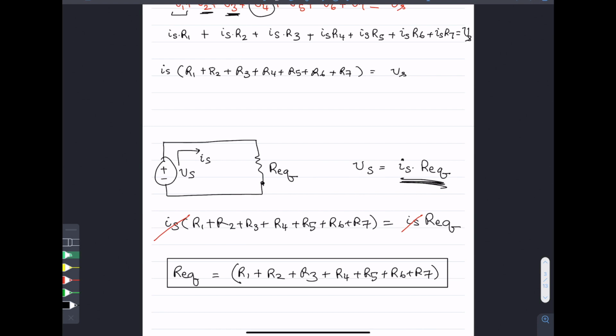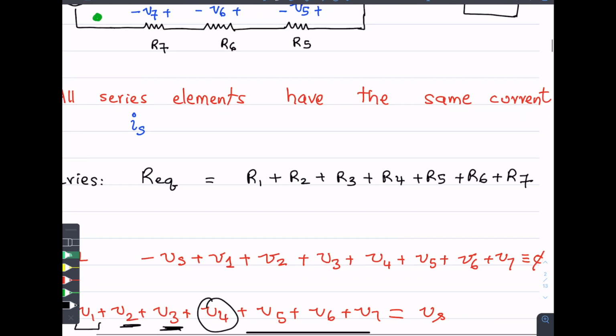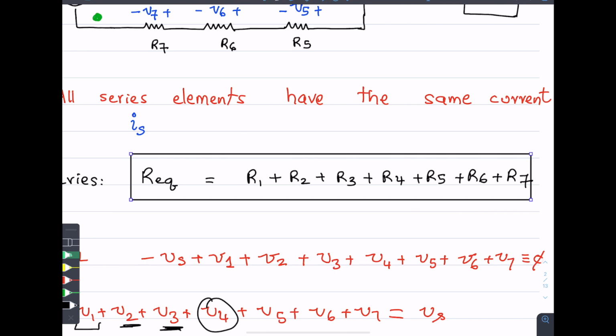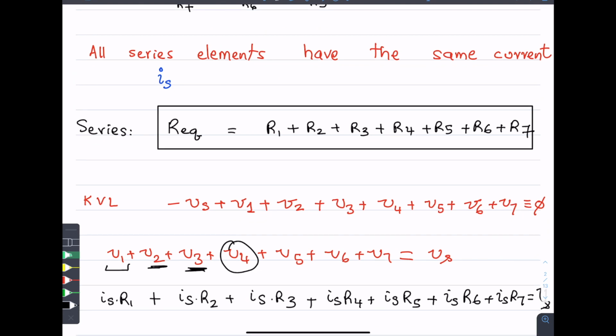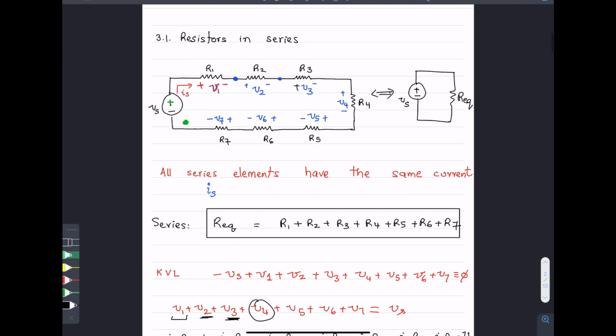When a bunch of resistances are connected in series, the equivalent resistance is the sum of the resistances. And we could have stopped there. What we simply did is to look at KVL and see how we can derive that expression. So, in series, the sum of resistances is the equivalent resistance.